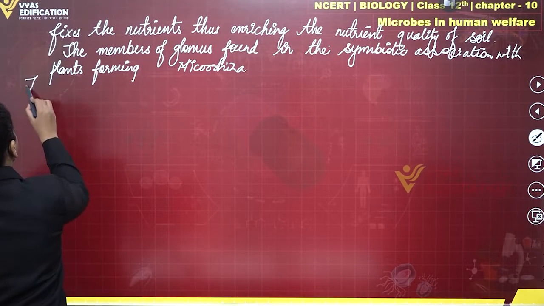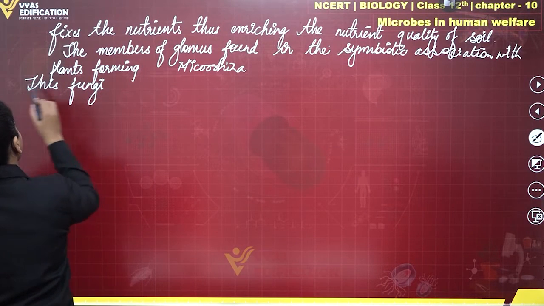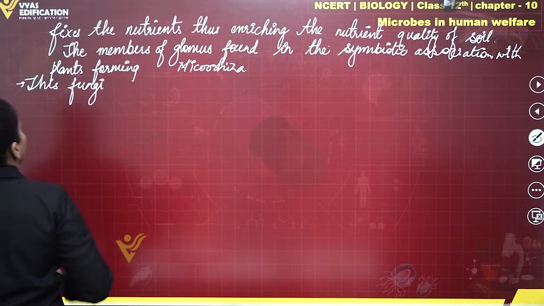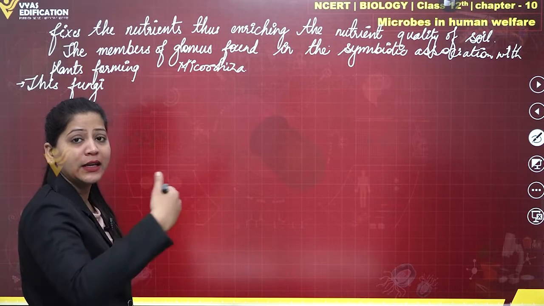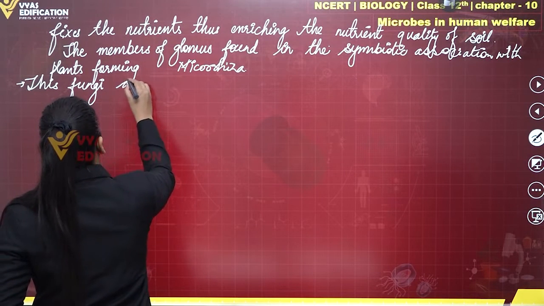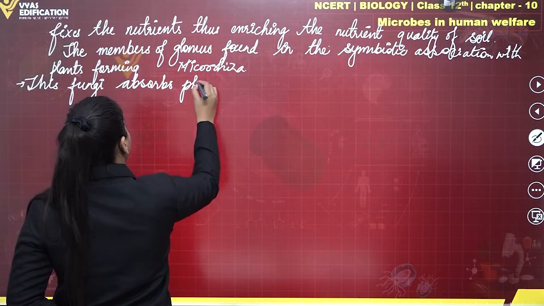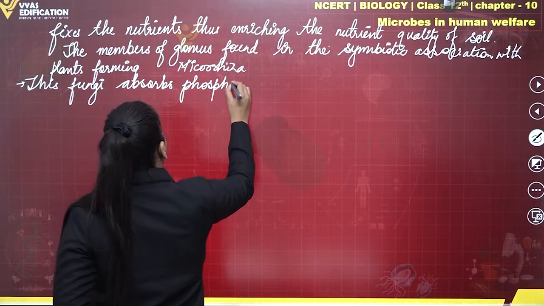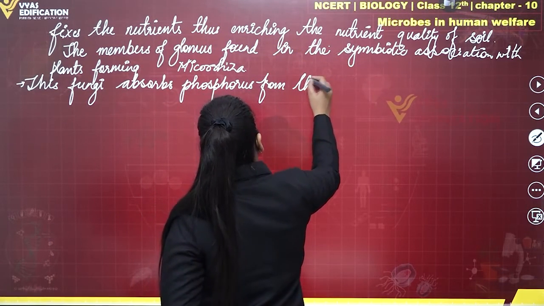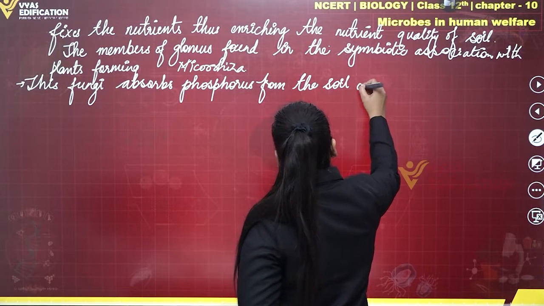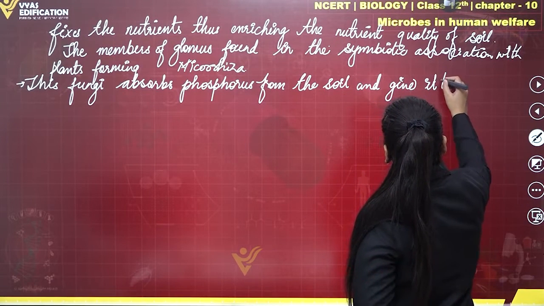In this, the fungus absorbs phosphorus from the soil and gives it to the plant.